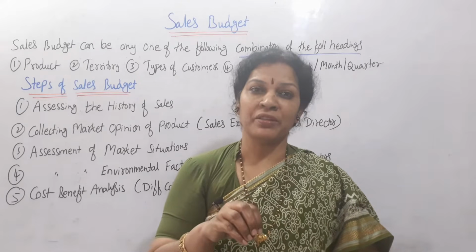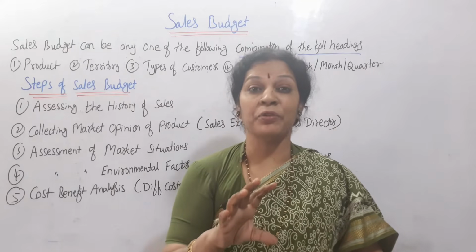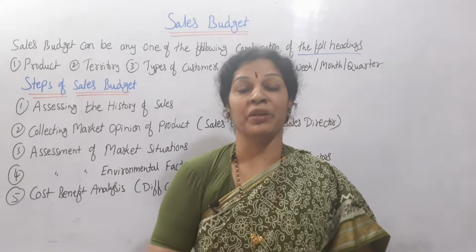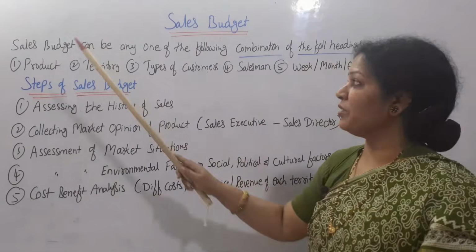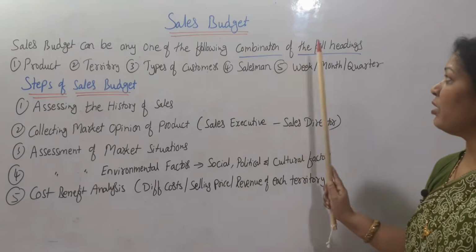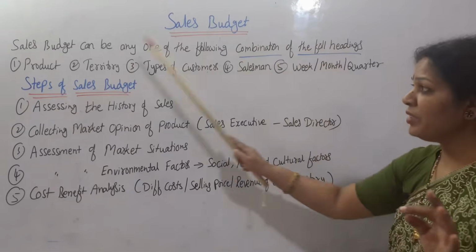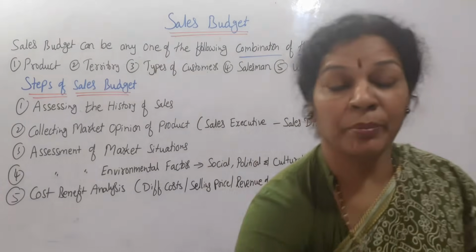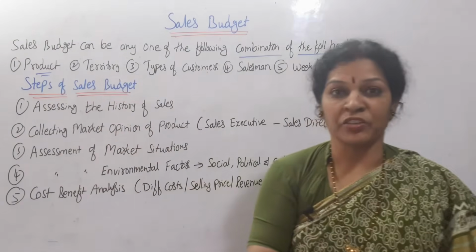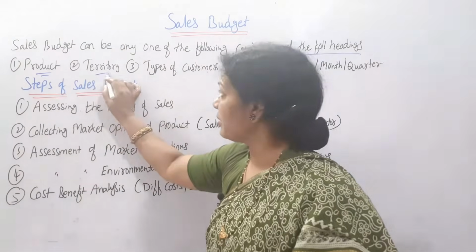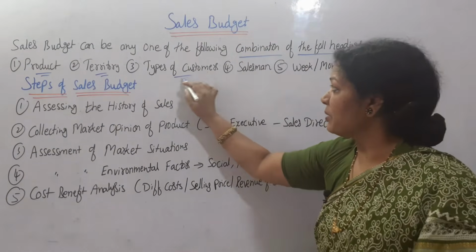When we want to prepare a sales budget, we have to be very careful and remember a few certain things. The sales budget can be prepared on any combination of headings, like sales as per product, sales as per territory, and types of customers.